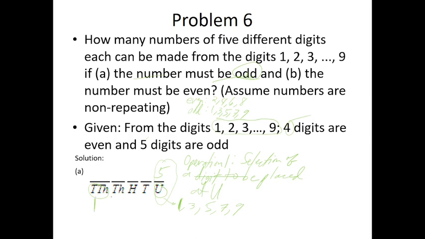The answer is no, because there's a restriction. 5 different digits. Okay? Therefore, the number that was placed at the units place must not be the same as that of the 10,000th place.